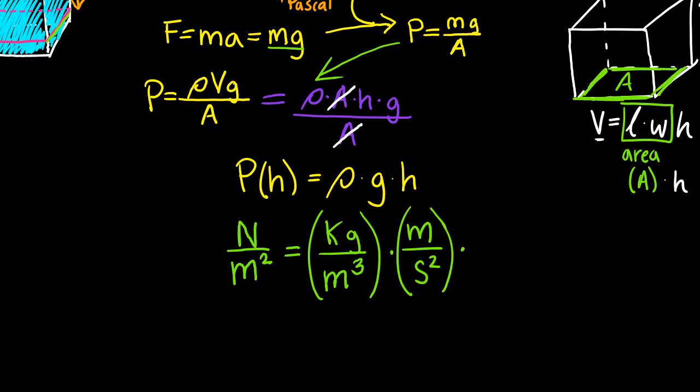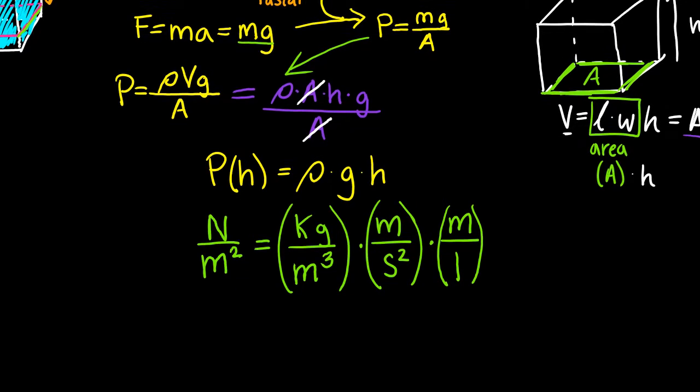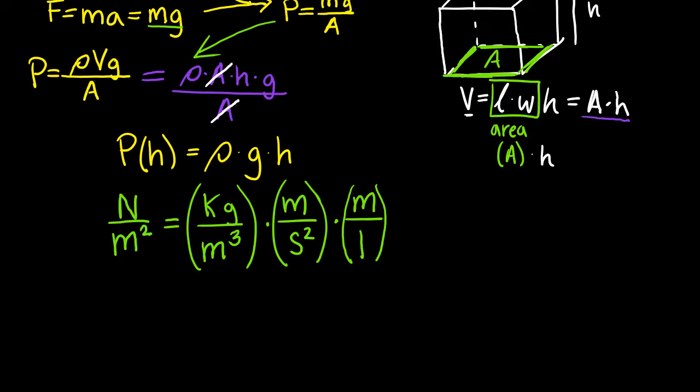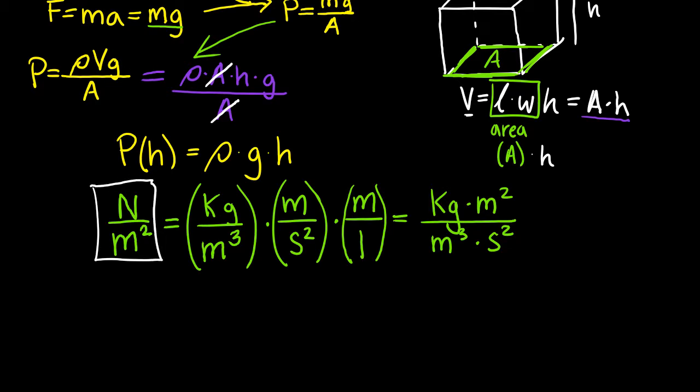And that is being multiplied by the depth or height below, which would be meters. Multiplying these all out, we get kilograms times square meters divided by cubic meters times square seconds. It is obvious that what a Pascal is on the left does not appear to be what we discovered on the right.